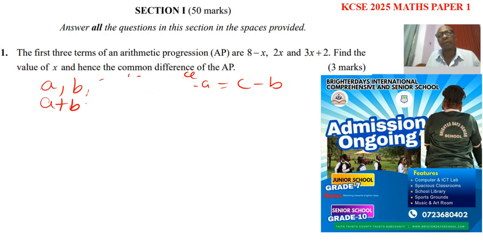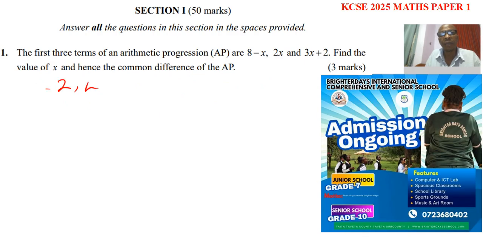And in this case, we can give an example of a sequence. For example, if we have 2, 4, 6, 8, you continue. You can see that 4 minus 2 is 2, 6 minus 4 is 2, 8 minus 6 is 2.